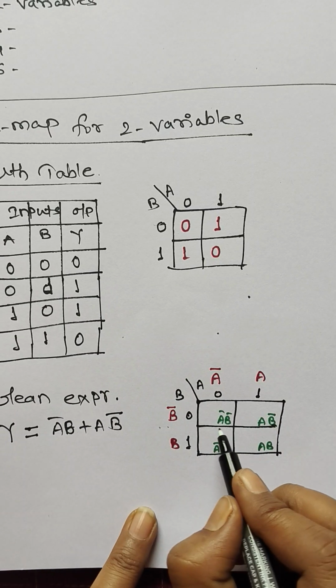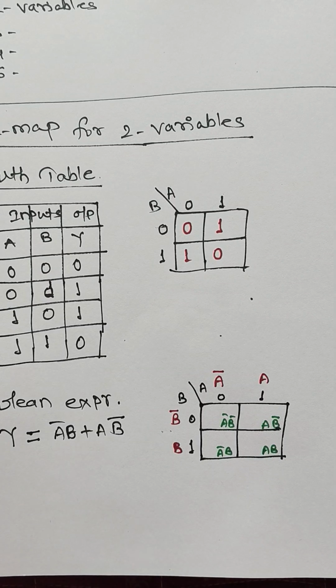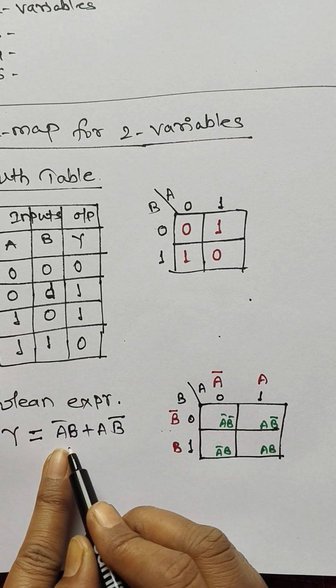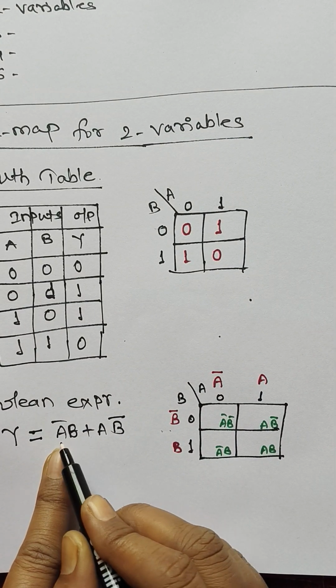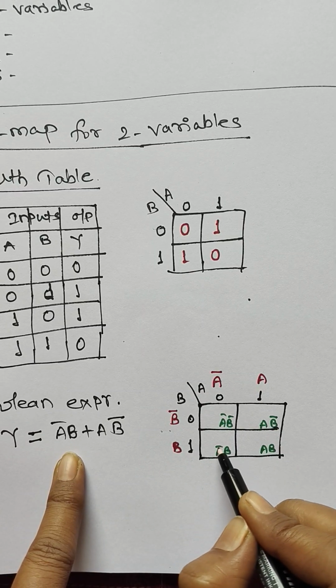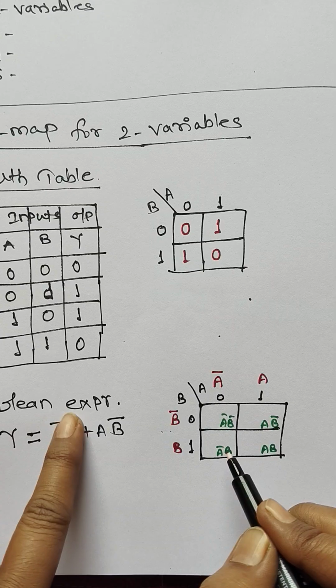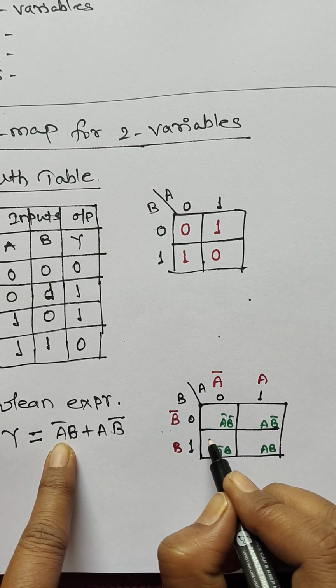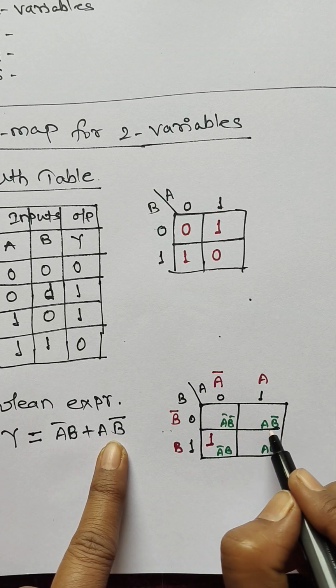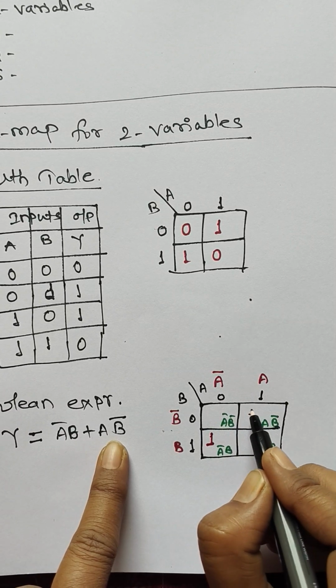Okay, now see, for A bar B bar, look at your Boolean expression. What term is there in your expression? The term is A bar B. So where is A bar B? This term. Whatever terms are given, those terms should be written as 1. And next is A B bar. So here it is. A B bar is also 1.